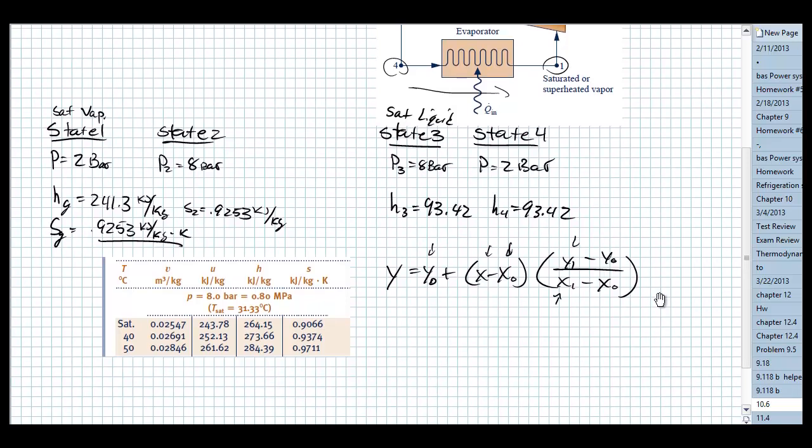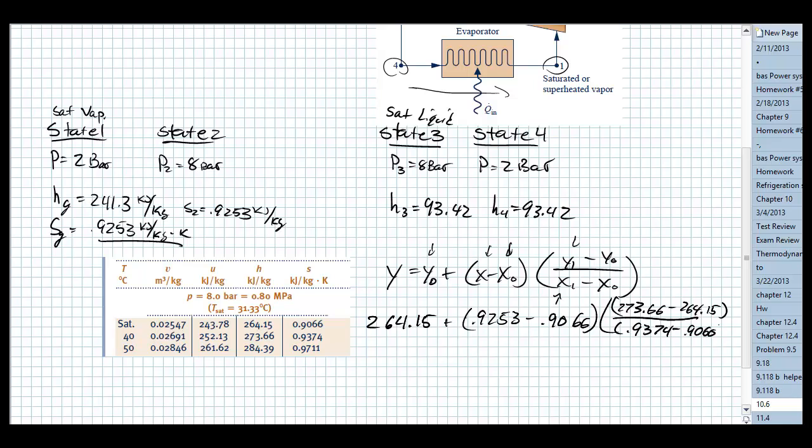Plugging in values from this table, you get something that looks like this, and running that through your calculator, you get H2 equal to 269.92. We're going to add that to our little state table.